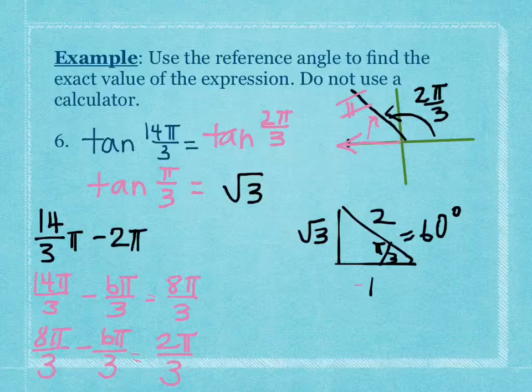I've got a negative. So if I took the square root of 3 and I took the 1 and I do the ratio for tangent, I still get a negative square root of 3, right? So this is actually negative tangent of pi thirds. But I used the pi thirds to create my triangle. So it doesn't actually equal the same value as the tangent, but with a plus or a minus it does, right? It's either positive or negative, that value.